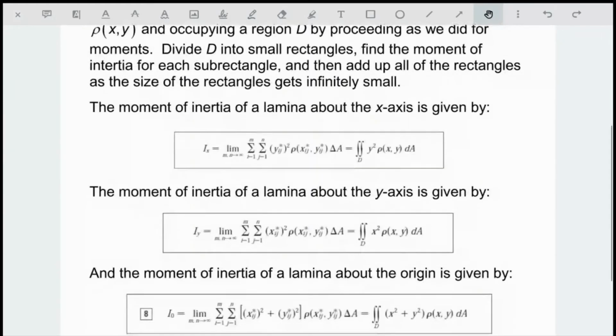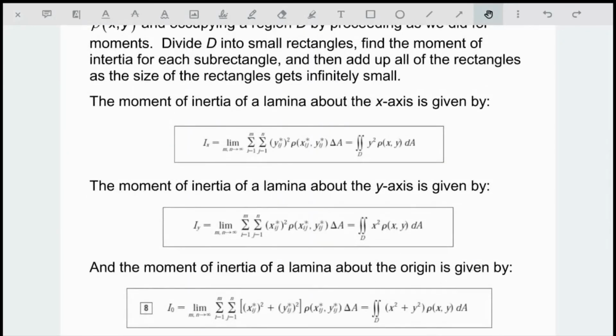Now, from the standpoint of how do we find the moment of inertia? Well, if we're going around the x-axis, just like we were thinking before, it's going to be essentially measured in the same direction, right? If I'm going to look for a moment of inertia around the x-axis, I'm going to be thinking about how far am I away from that x-axis in the y direction.